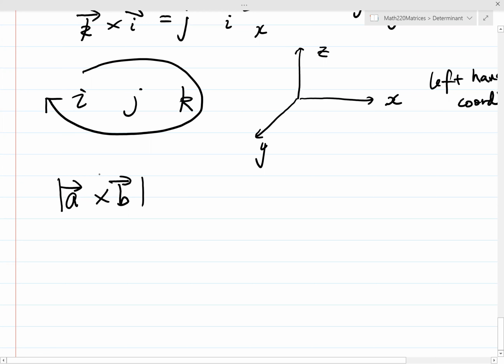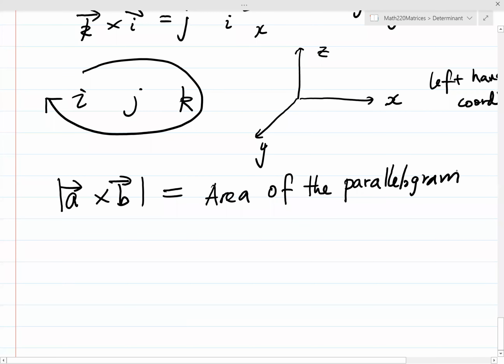So the norm of this cross product gives the area of the parallelogram determined by the two sides, determined by A and B.